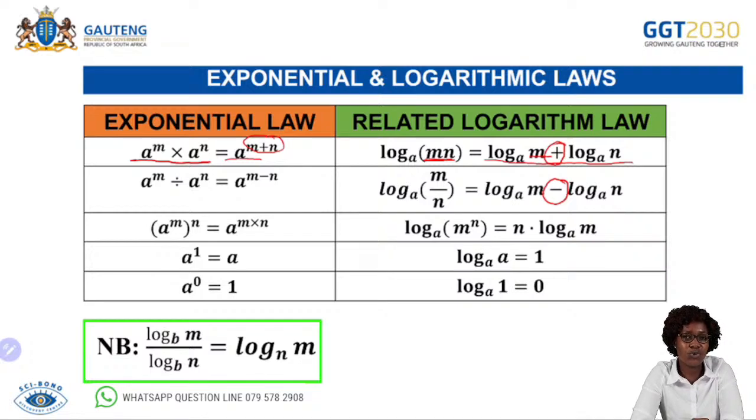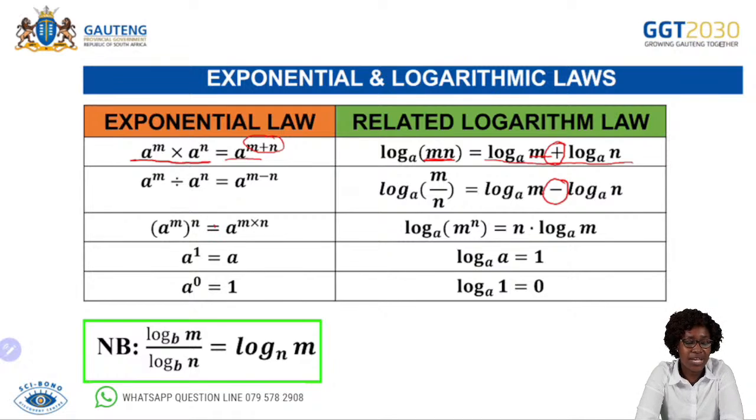So what I want you to remember, grade 11, is that division in logarithms becomes the opposite of what was happening with exponents. I'm now going to subtract my logs. But take note, I'm not saying log of m minus n, but it's the log of m to base a minus the log of n to base a.